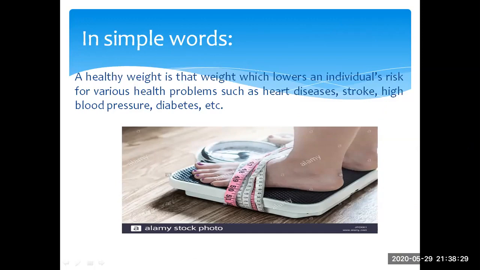But if that person has no health problem such as heart disease, stroke, high blood pressure and diabetes, and these types of problems are absent in that particular individual, then you can say that the individual is of healthy weight.